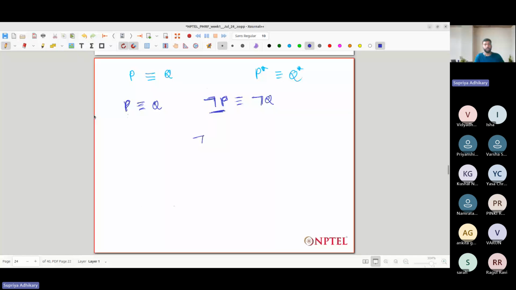That is, if we can find any compound proposition like C, it can be written as all the literals x1, x2, xn, and only these operations. C can be written as an equivalent form that involves only these operators.